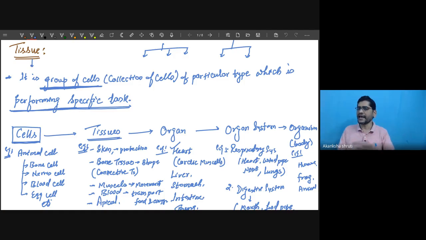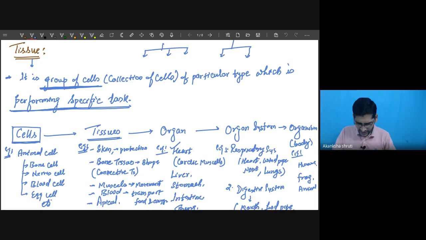Like skin helps in protecting from external material, the liver, that part of the digestive system that helps in digestion, the bone gives the physical structure, and the nervous cells forming the nervous tissues help in detecting touch and the senses.